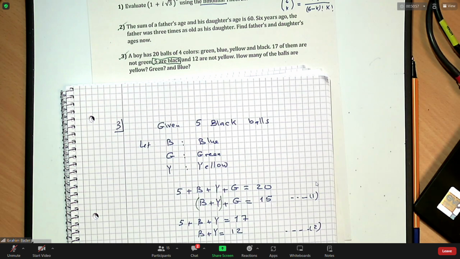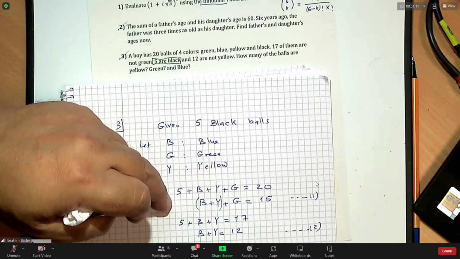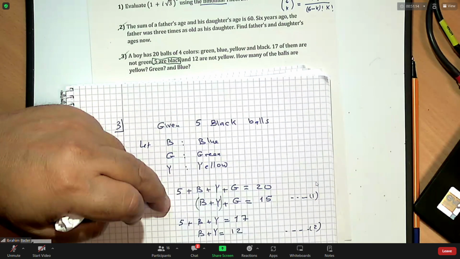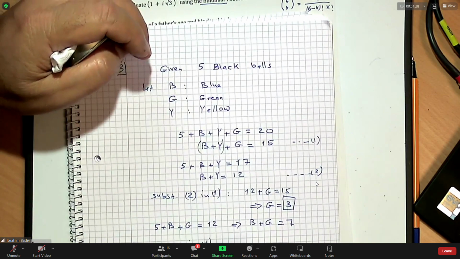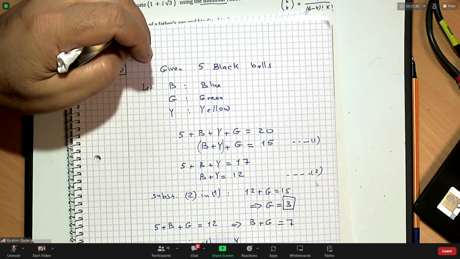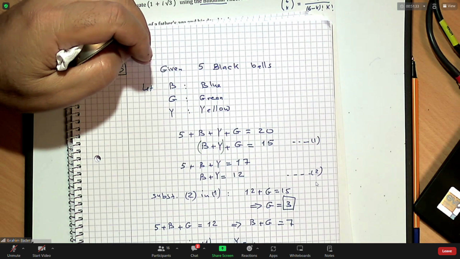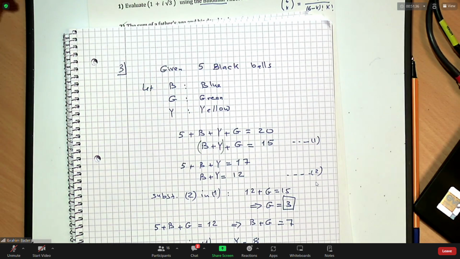Okay, here you can substitute this to get the yellow. If you just substitute from this, you get blue plus green equal to 7. Substitute in 1. Then you get blue plus green, so you get yellow equals 8. 15 minus 7.